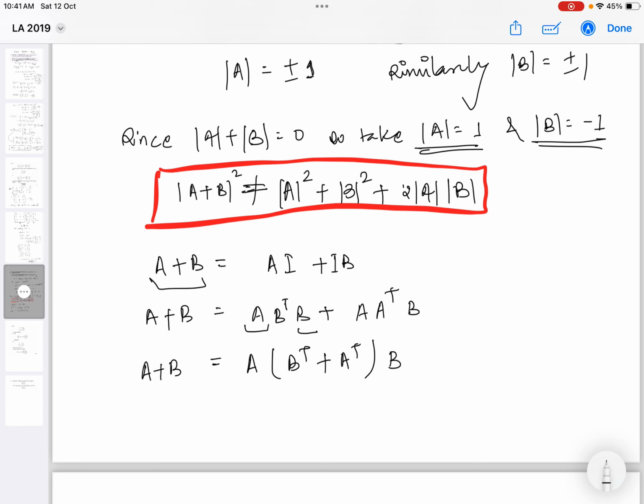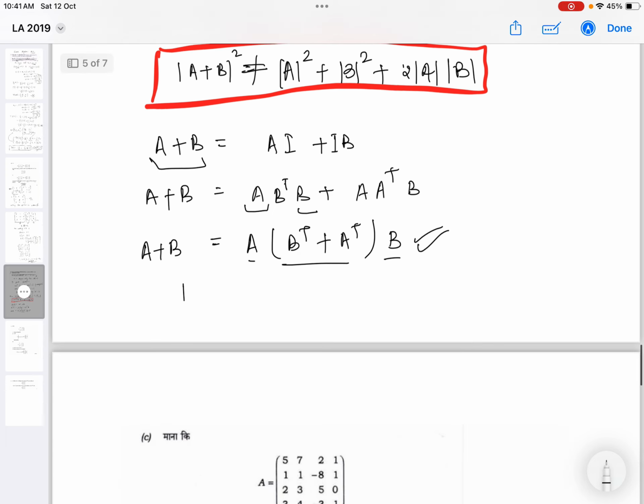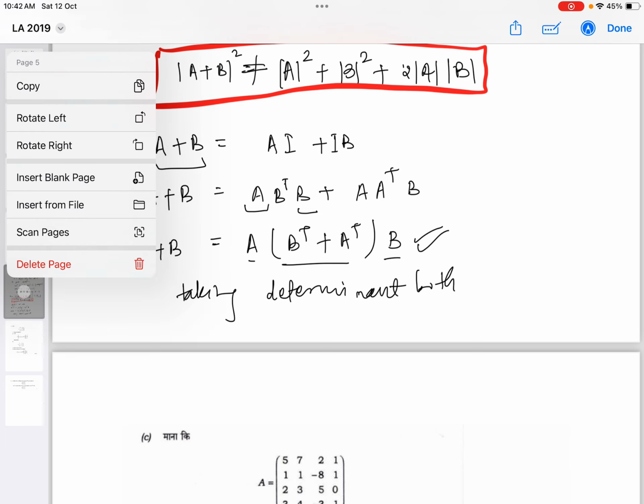Now how does this become useful? This expression has become factorized. So if we take the determinant on both sides, then we will be segregating A and B and these terms separately. So taking the determinant on both sides, let me write it completely.